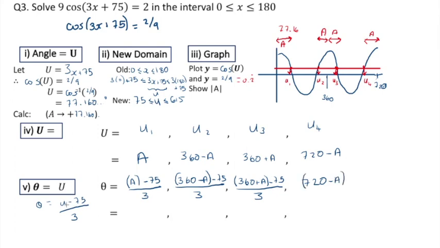So this now would be u4 minus 75, divided by 3. So even though that looks complicated, can you imagine how much more complicated it would be if we'd started using the actual value of a, this 77.16? It would look a hell of a lot worse. So now we just need to go to our calculator, use our stored value of a, we're not going to get any rounding errors, and just plug these in. And we should find.